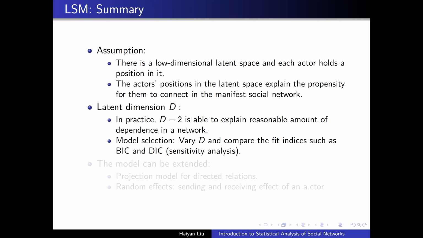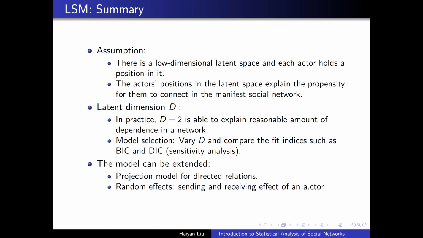However, the power of those fit indices to detect the best number of dimensions is still not well explored. Therefore, we suggest you do sensitivity analysis for your model when you choose to use BIC or DIC as model selection or model comparison fit indices.